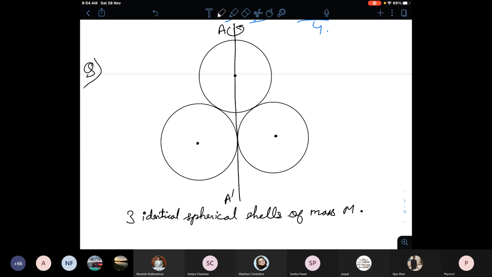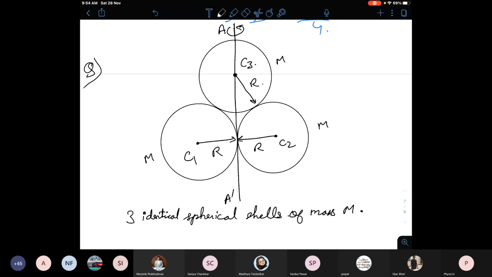So if we want the moment of inertia about this axis, first of all, all three have mass m and all three have radius r. Let this be c1, this be c2 and this be c3.